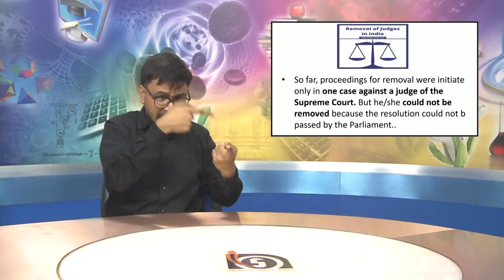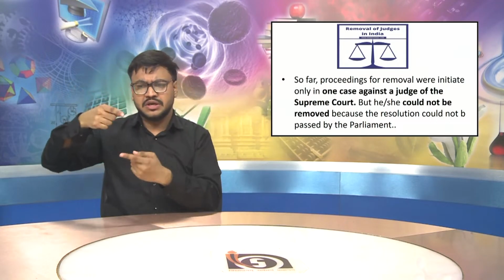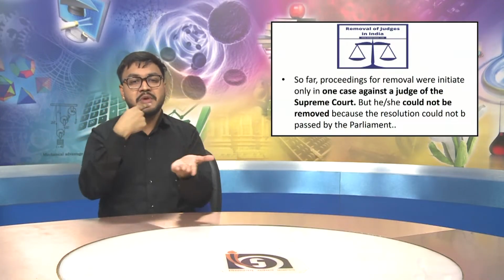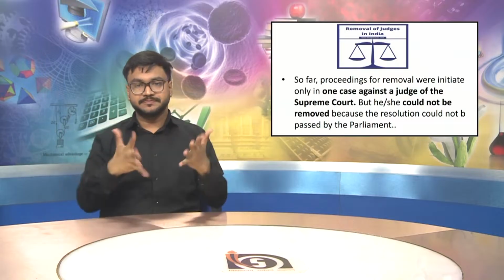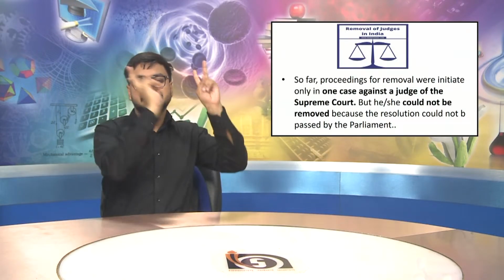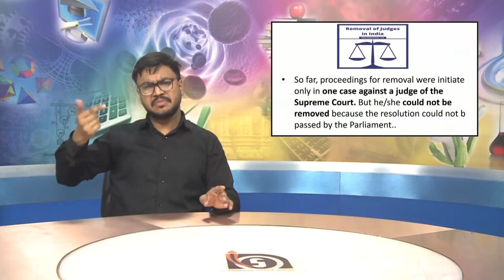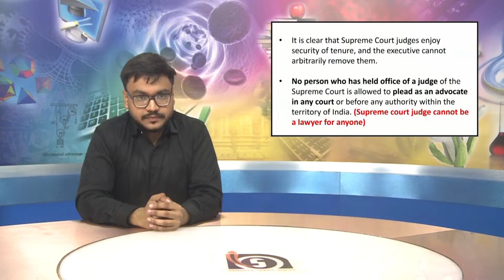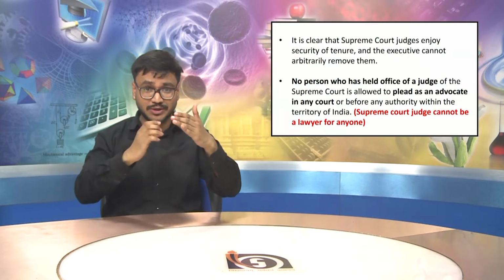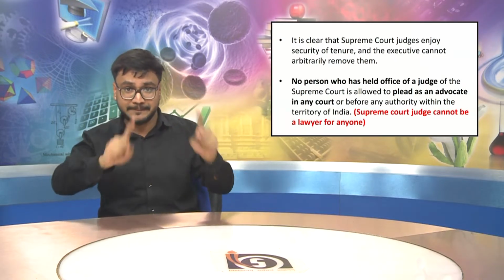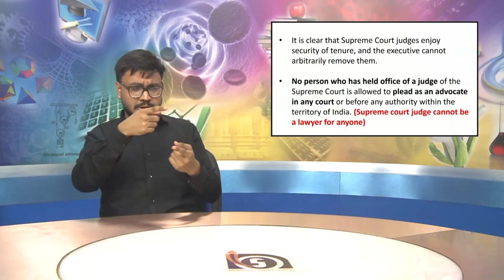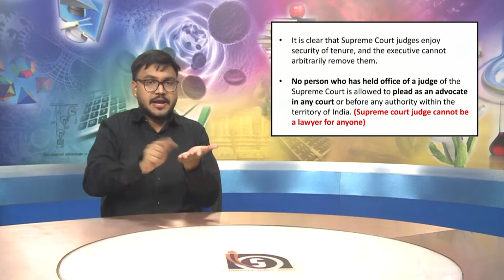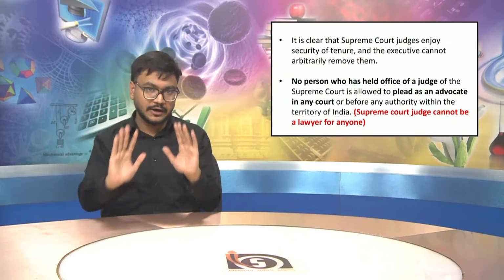So far, proceedings for removal were initiated only in one case against a judge of the Supreme Court, but he or she could not be removed because the resolution could not be passed by Parliament. But it is clear that Supreme Court judges enjoy security of tenure and the executive cannot arbitrarily remove them.